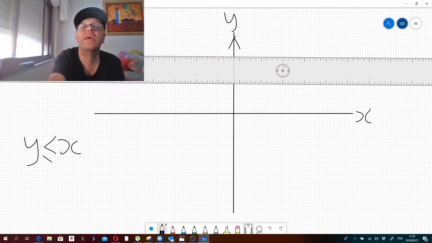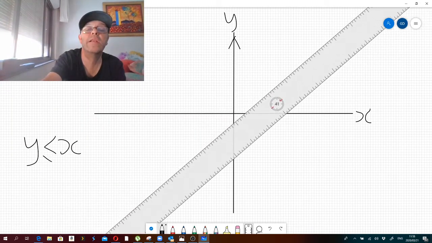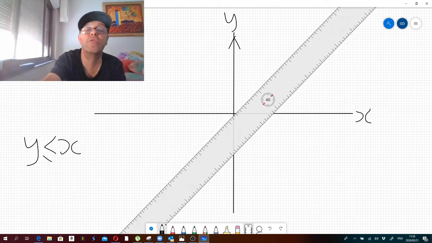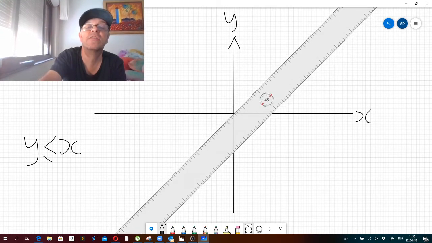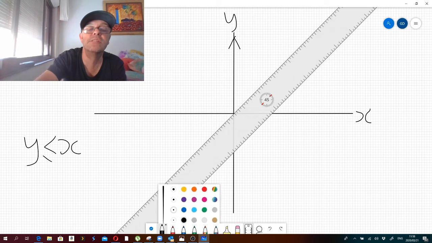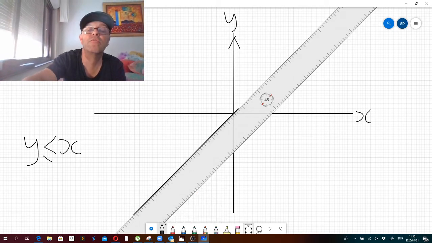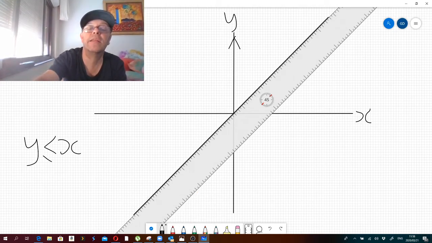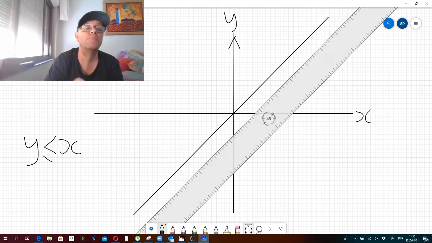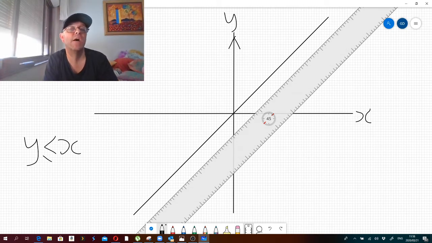If you're familiar, remember it's a gradient of 1 with the x. There is a 0 for the c value. So this would be a line that goes through 0 and has a gradient of 1. It's a straight line that does the following. I'm just going to draw the equals to ones now. We're going to come back to the less than in a moment.